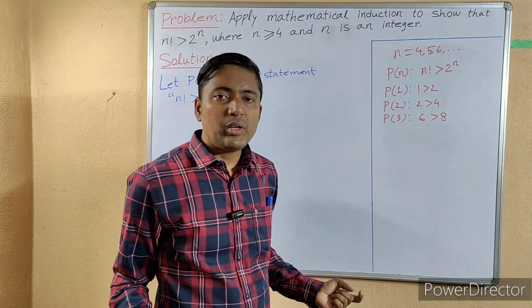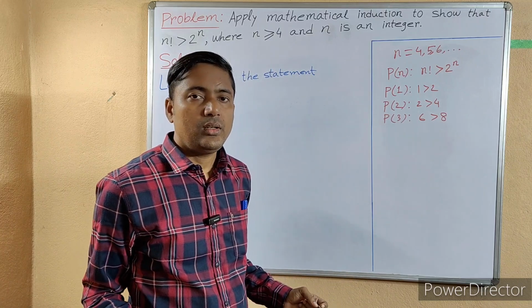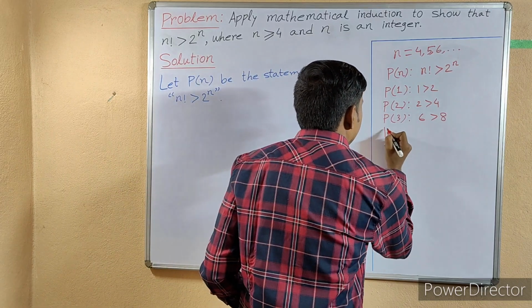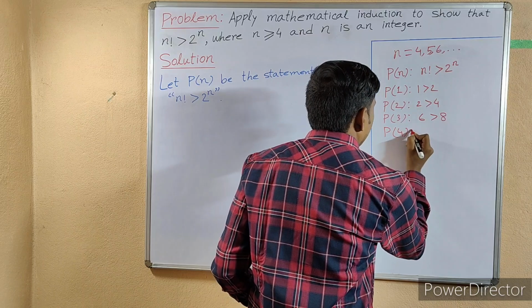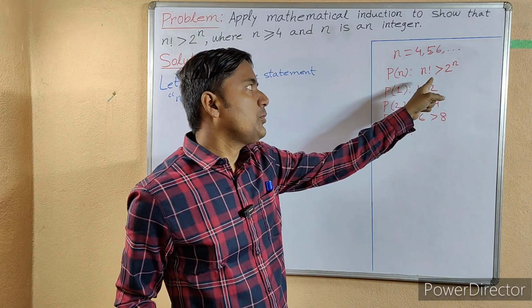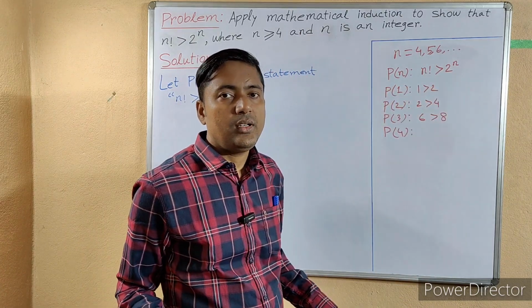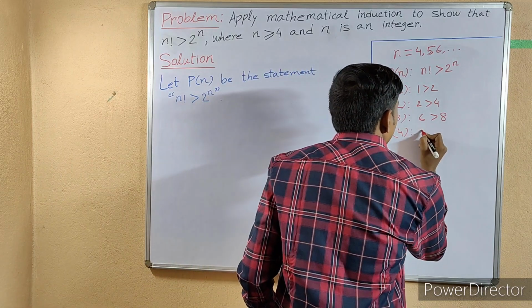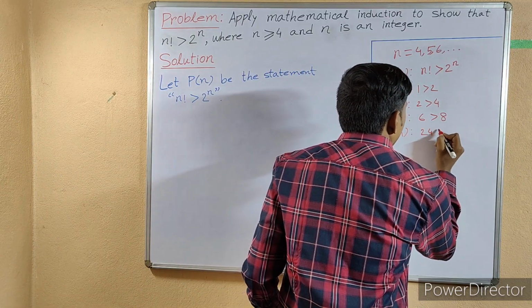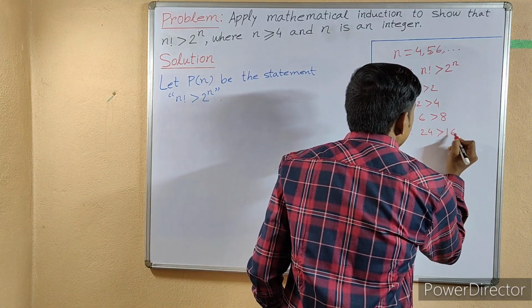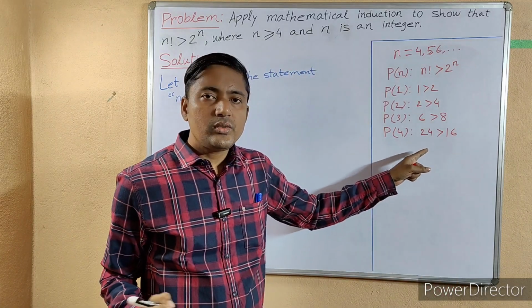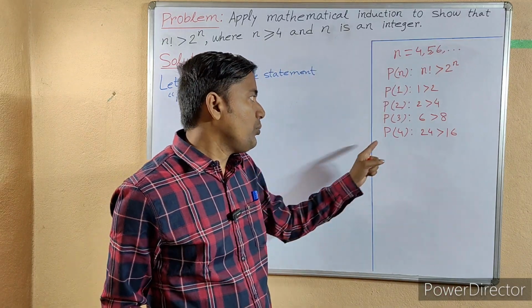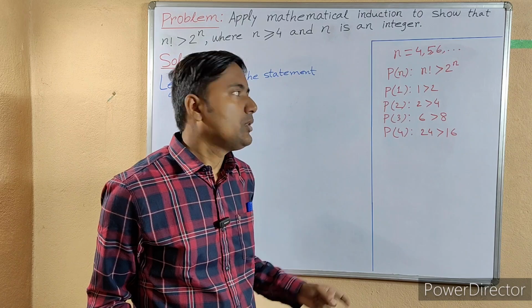Now what about P4? P4 means factorial 4 greater than 2 to the power 4, that is 24 greater than 16, which is true. So P4 is true.